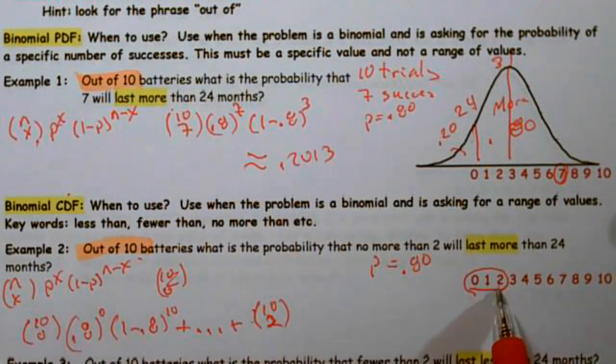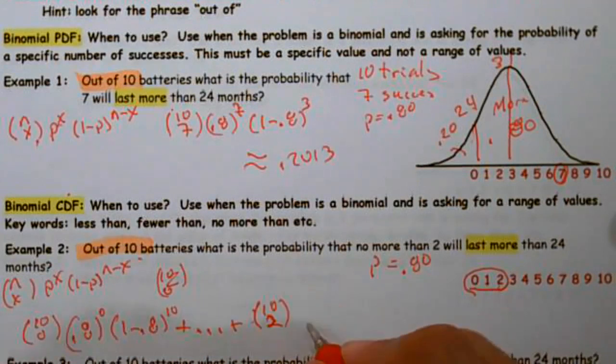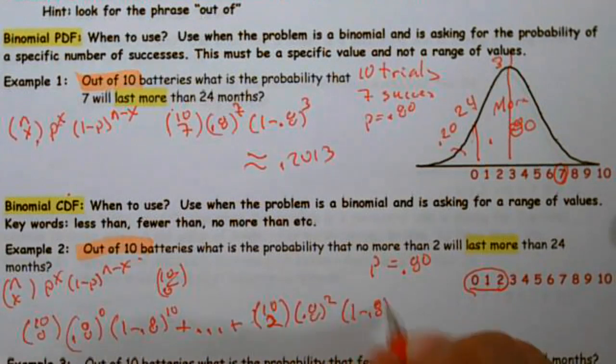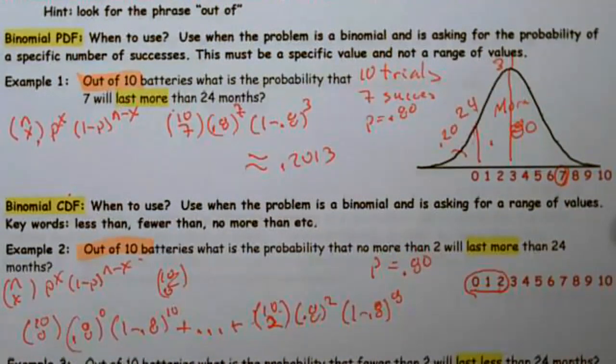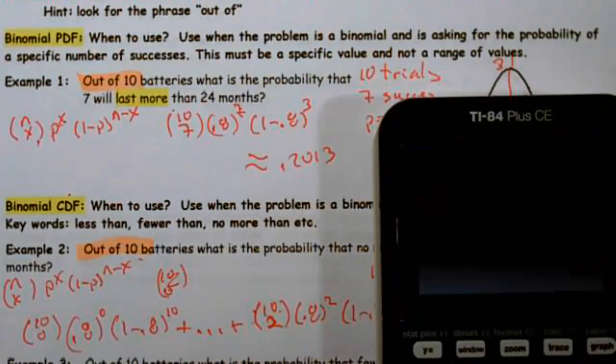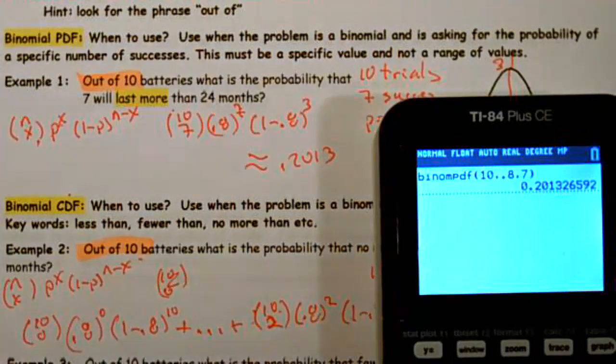That's the highest value that was acceptable. 0.8 is the probability, 1 minus 0.8, 10 minus 2 is 8. That would be the work shown, in which case I can go to the calculator and do a binomial CDF.